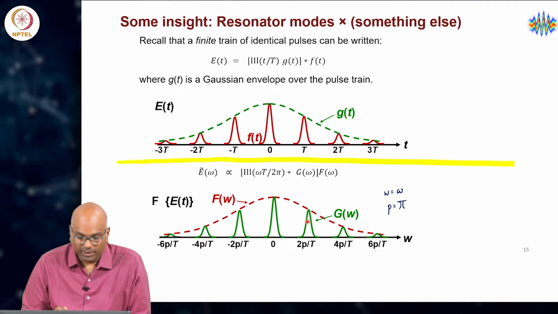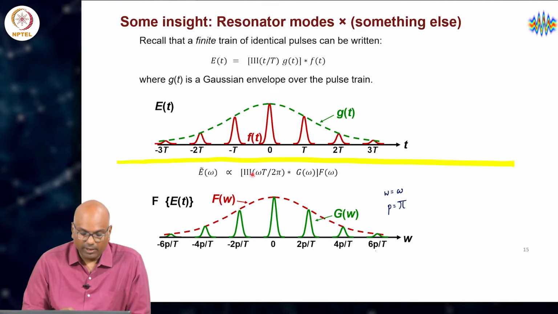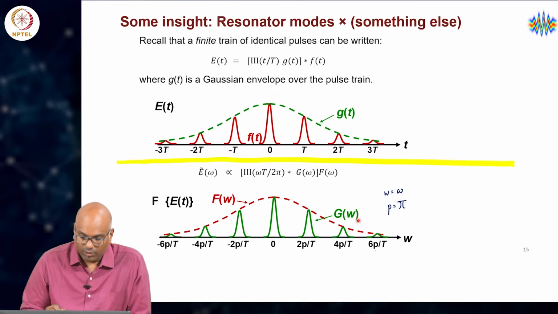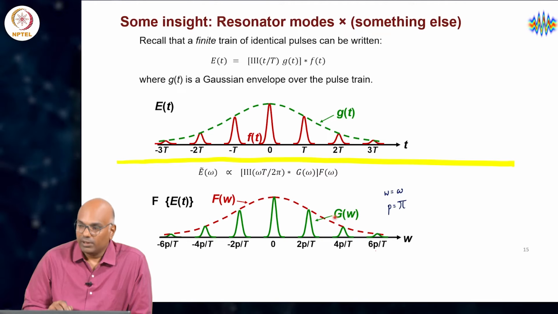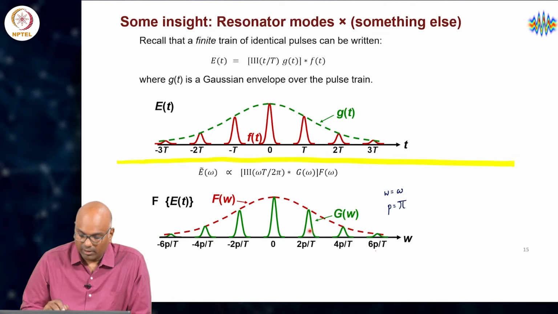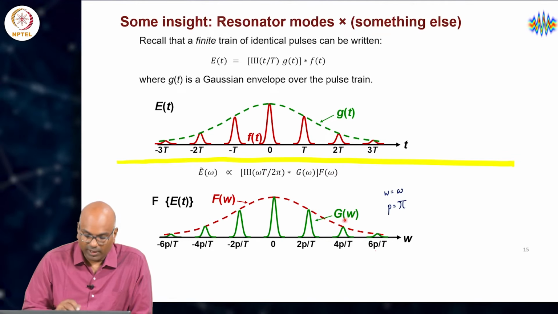Now this can be written down mathematically by convolving the individual line shape of a given peak, which is essentially similar across each of these cases.